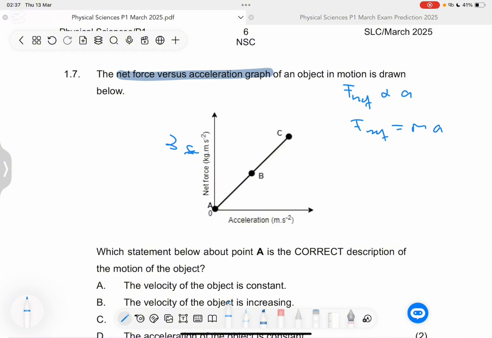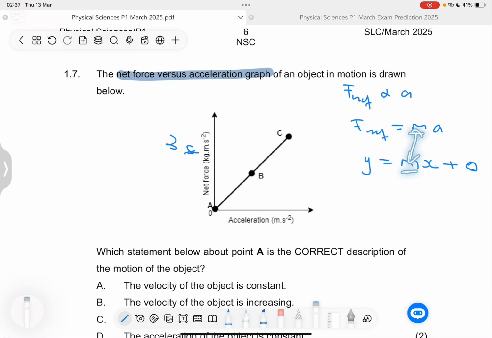So another way of looking at this, you can say it's a function of y is equal to mx, right? And our c here actually is 0, because our y-intercept is 0. That's why we only have mx here. The m here represents the mass.